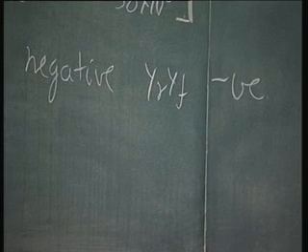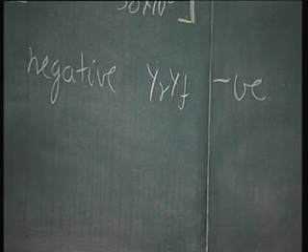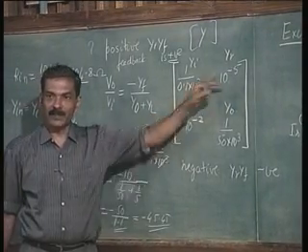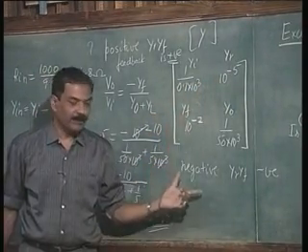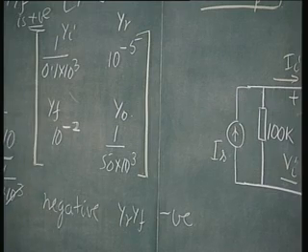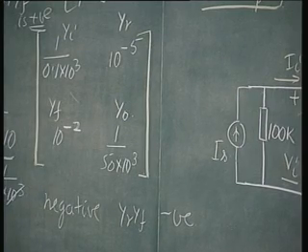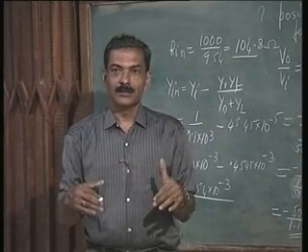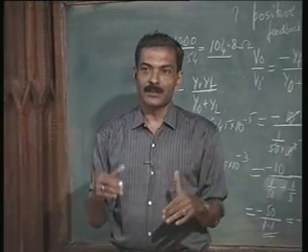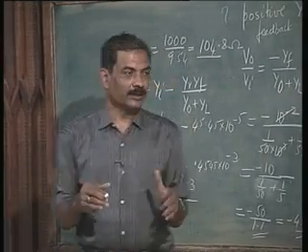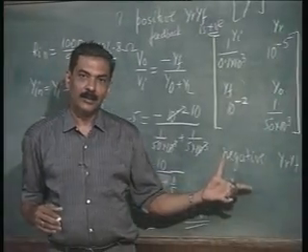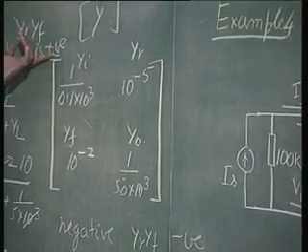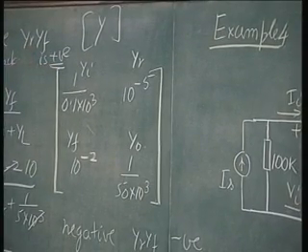If any one of these is minus, then it can be negative feedback. Then what happens? This term becomes positive. That means the total admittance increases, or the impedance decreases. This is what happens in negative feedback. In this example, we are giving positive feedback, and that is why the impedance is increasing.